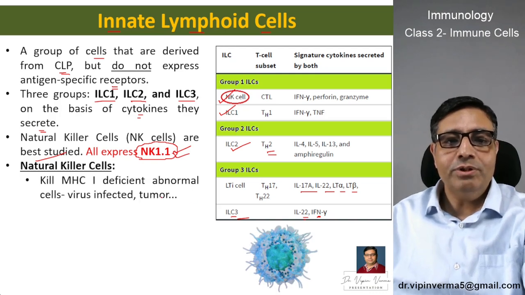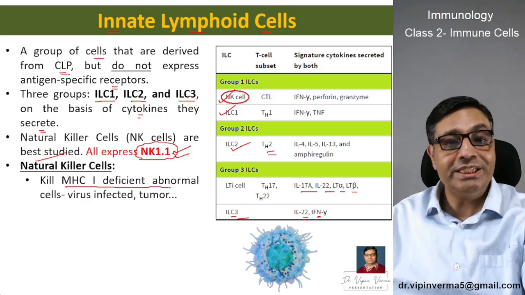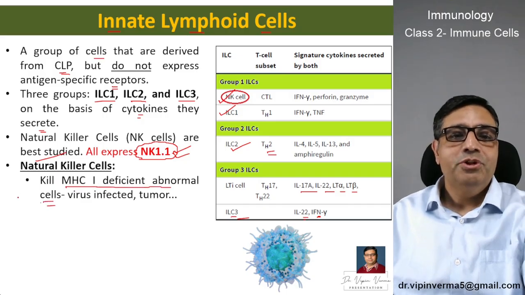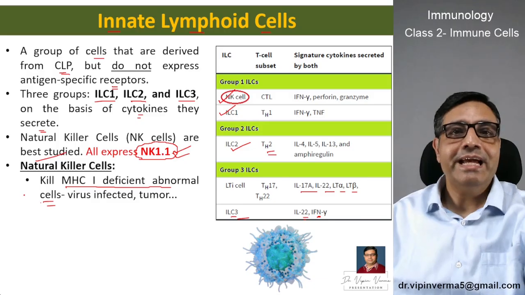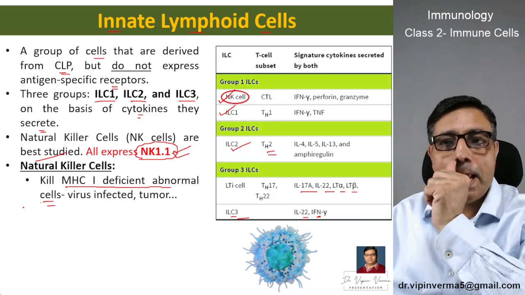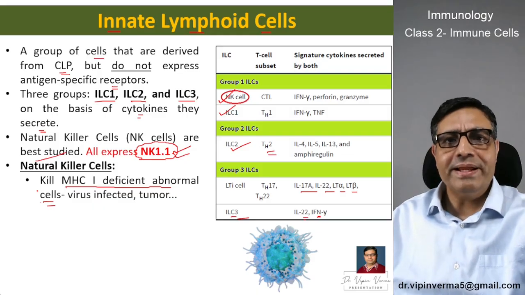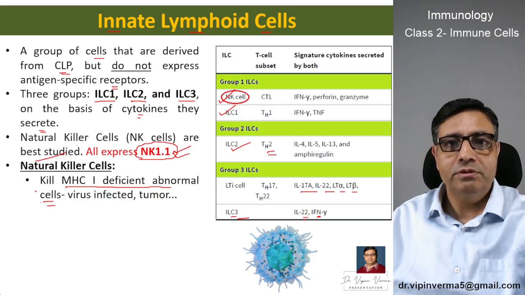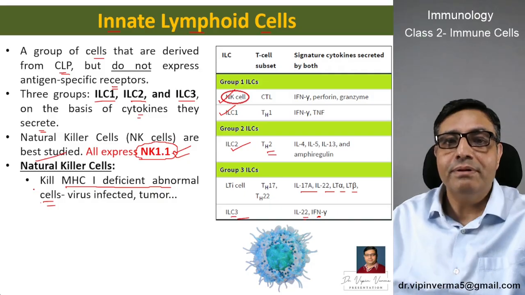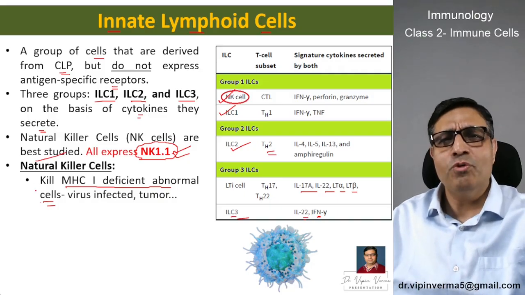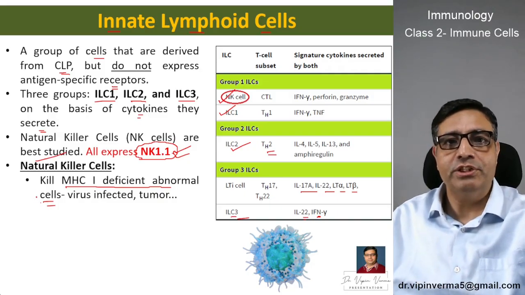So if you see the natural killer cells, they kill the MHC1 deficient abnormal cells. All the nucleated cells have the MHC1 expression, and in normal condition all the cells display some MHC1 molecules, not a higher expression, but a very low housekeeping level of expression.